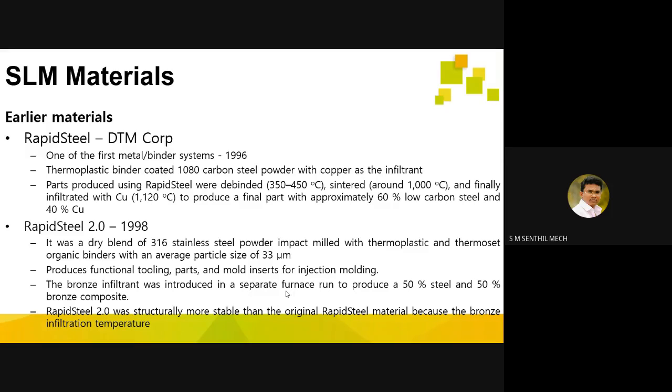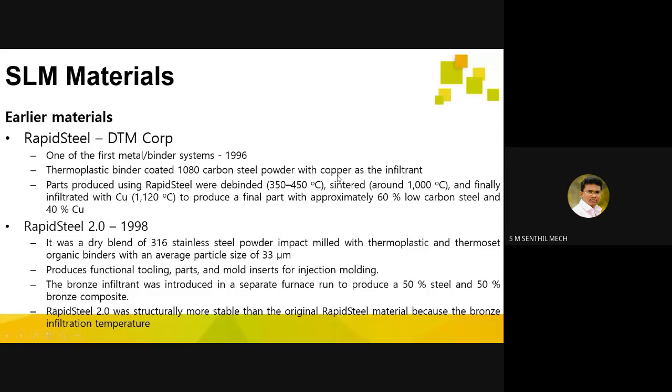That is a thermoplastic binder coated carbon steel powder with copper as infiltrant. Thermoplastic is a polymer binder coated on the carbon steel powder. The steel powders will be there, upon which the thermoplastic binder is coated, and copper is used as an infiltrant.